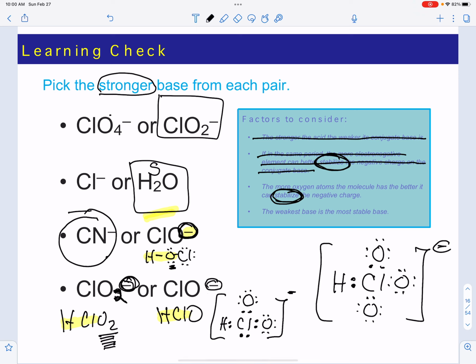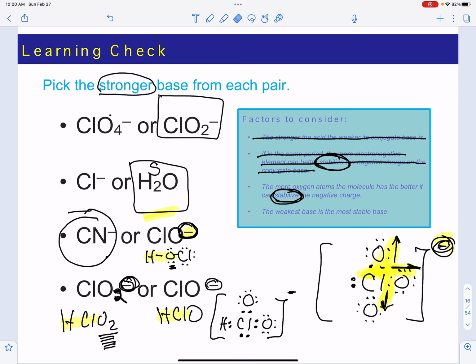So this negative charge has to be distributed the best possible. We have electronegativity pulling this way, electronegativity pulling this way, and electronegativity pulling that way. So this charge is being spread all over. Remember, we're doing it without the hydrogen, so the hydrogen can go.